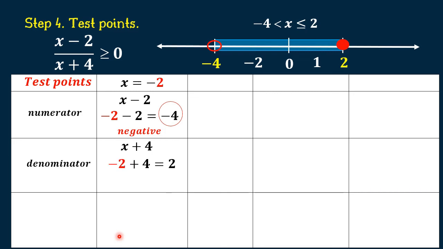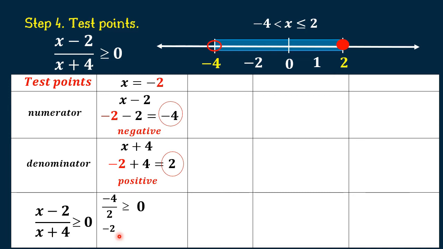So -2 plus 4 is +2. The result is positive. And if you combine the two and simplify, -4 divided by +2 is -2. And that gives us -2 is greater than or equal to 0, which is false, because a negative value is not greater than 0.